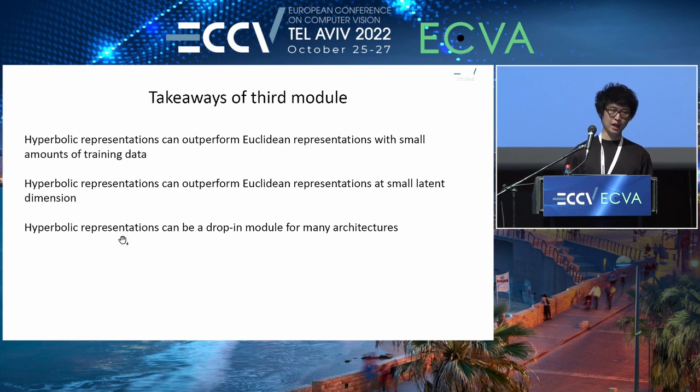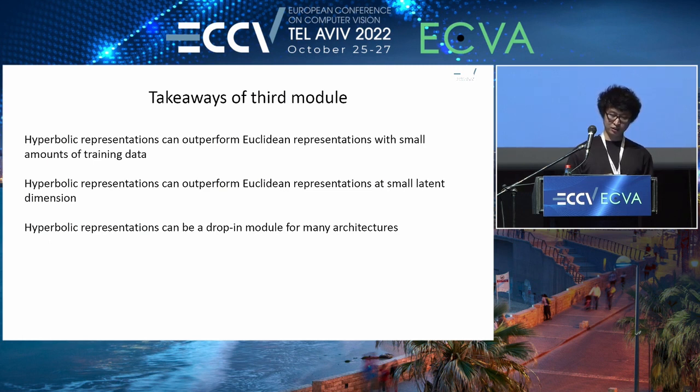And then finally, through the different methods of generalizing, for example, just using an exponential map and then doing operations in tangent space, there are simple ways to leverage hyperbolic representations, without having to go through all the math.